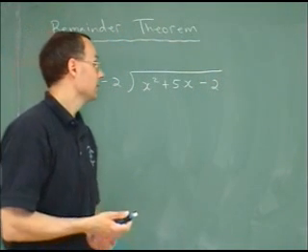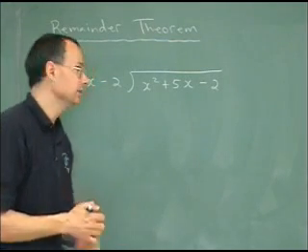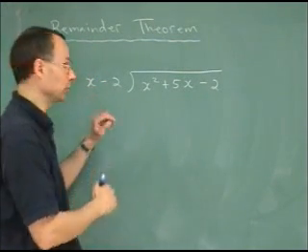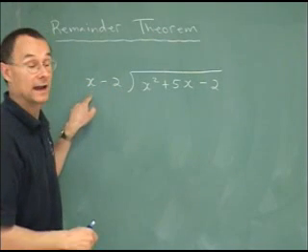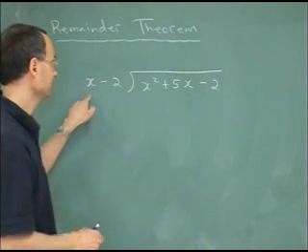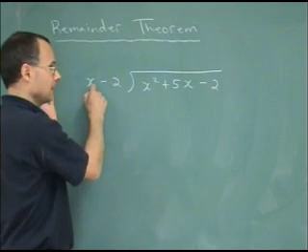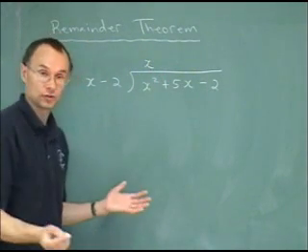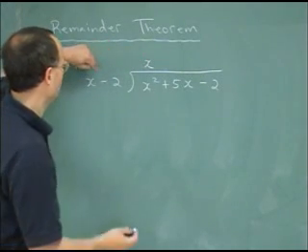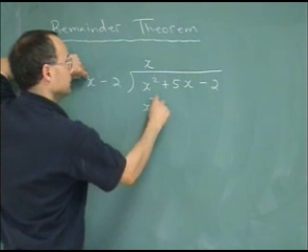Now, you may have forgotten how to do this kind of long division, so I'm just going to refresh your memory. We focus on the x out front, so the divisor here, we focus on the x. We say, well, x times what makes x squared? X times x. So x times x is x squared.